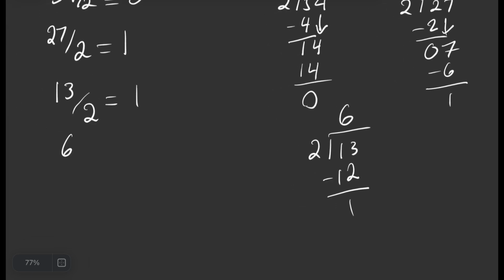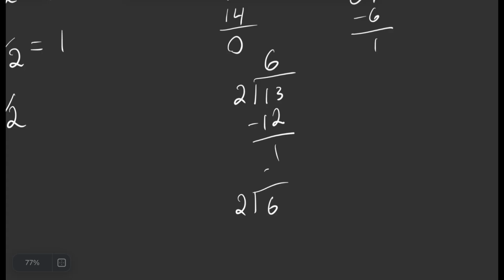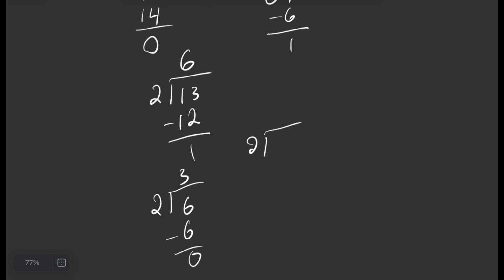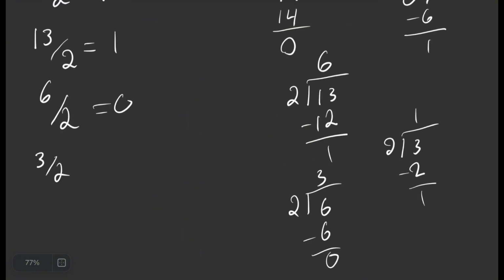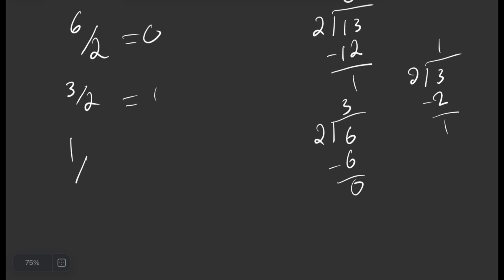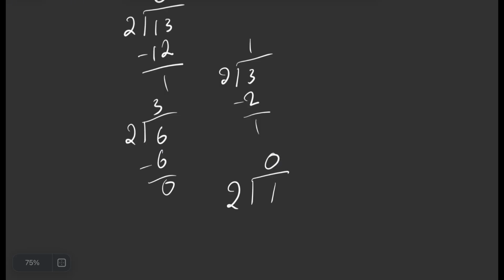Then we're going to do 6 over 2. 2 goes into 6 3 times. 2 times 3 is 6. Remainder 0. Then we're going to do 3 over 2. 2 goes into 3 once. 2 times 1 is 2. Remainder 1. Okay, now 1 over 2. 2 goes into 1 0 times. 2 times 0 is 0.